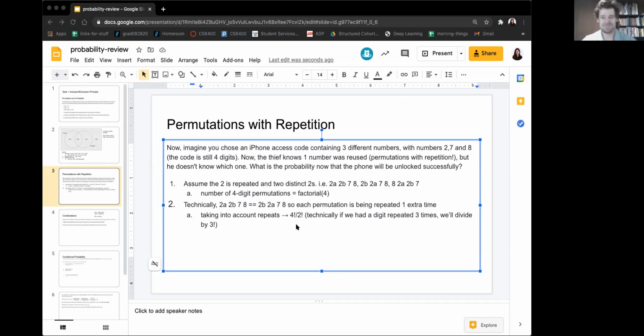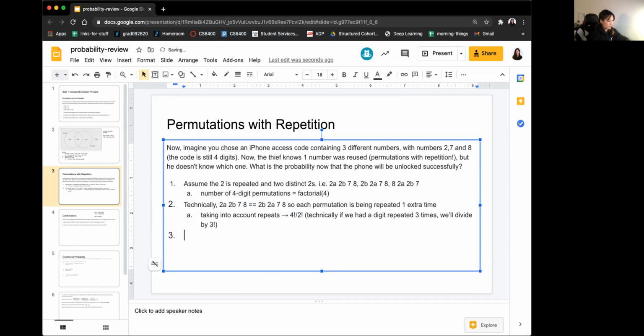Okay, so what was I just saying? Right. If we have the digit 2 being repeated, then this is the number of passcodes that we have. Now the last thing to take into account: what if it is 7 or 8 being repeated? We can take the same process to figure out how many combinations there are with the 7 or the 8 being repeated.